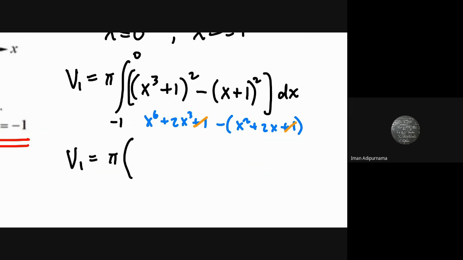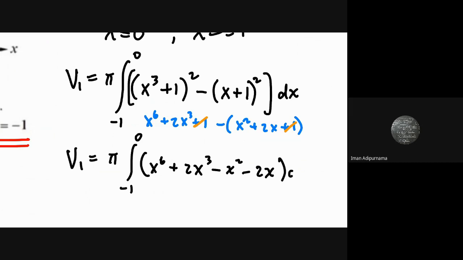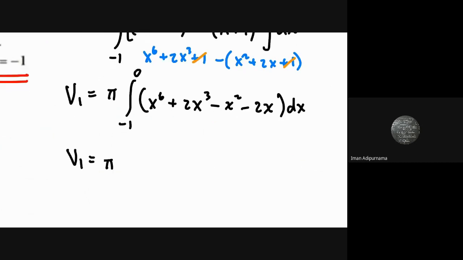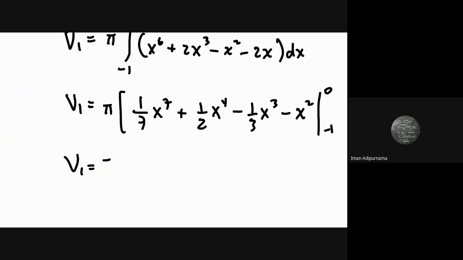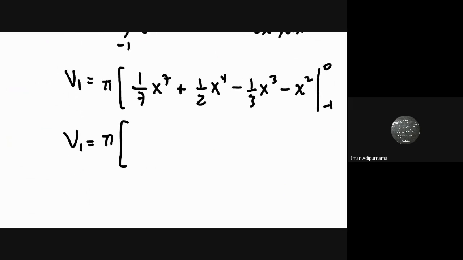Let me write it. Then we integrate: half x to the 4 minus 1 over 3 minus x squared from -1 to 0. So V1 over pi is 0 minus the value at -1; minus 1 to an even power is plus, and this is also minus and minus.